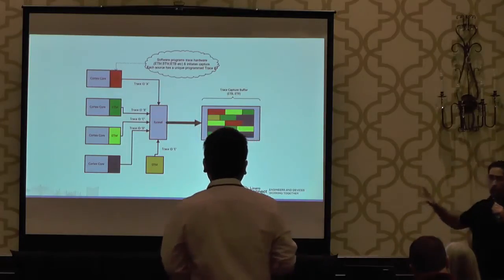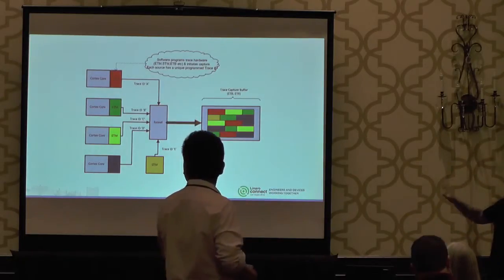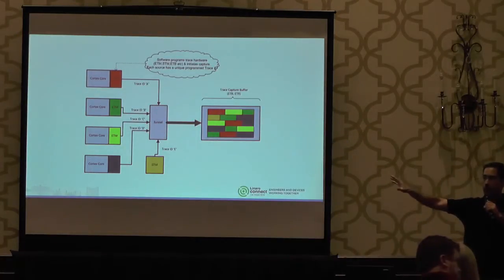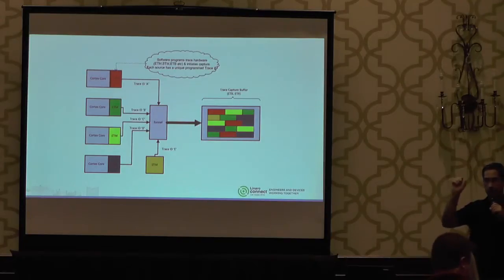So this is a simple yet fairly representative depiction of what a CoreSight system is. On the far right, we have the CPU cores, and each CPU core is coupled with an ETM tracer. The colors represent the different IDs that the tracers will be emitting packets with.